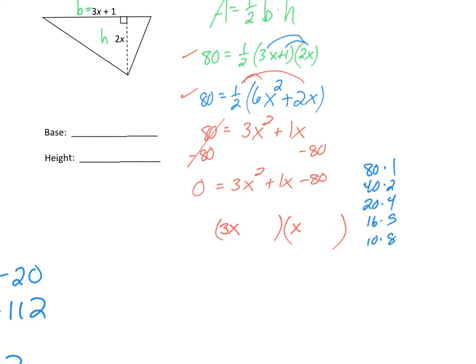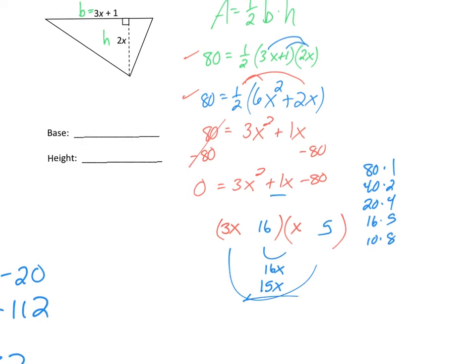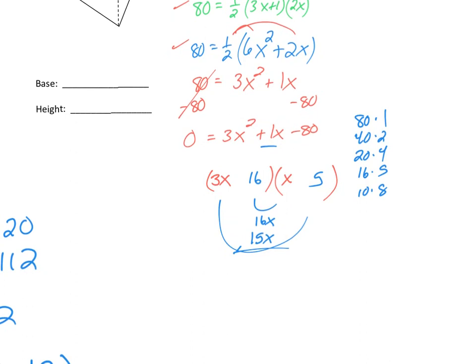So what I'm going to do is I'm actually going to pick 16 and 5. So we check the inside and check the outside. We get 16x and 15x. Can 16x and 15x give us a positive 1? You can get positive 1 if you have a negative 15, because 16 plus negative 15 is 1x.